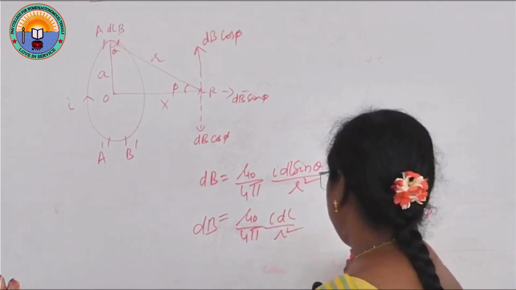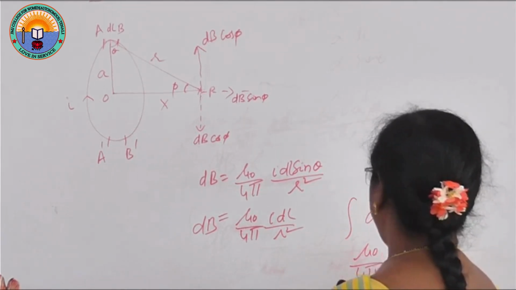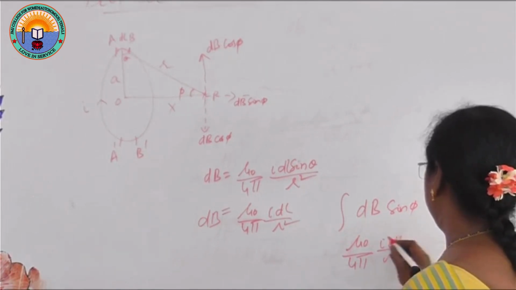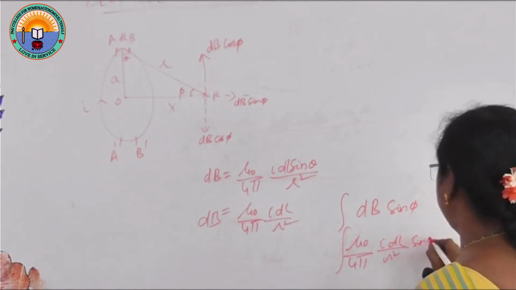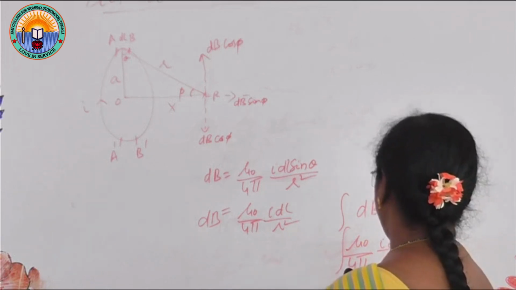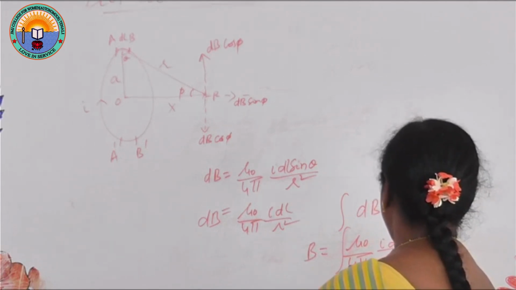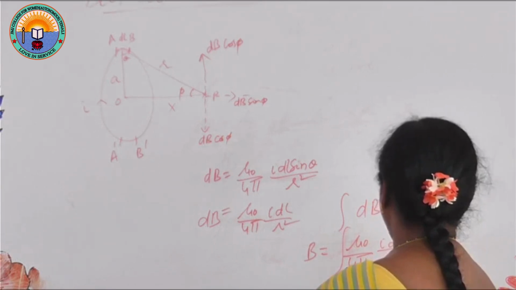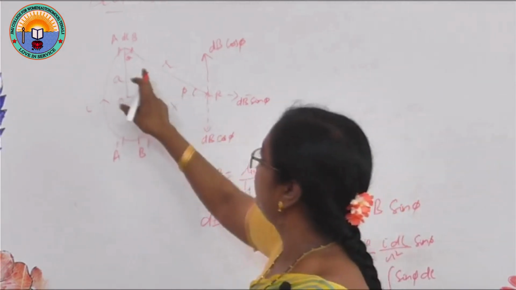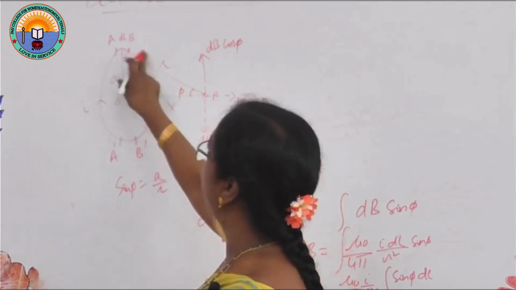So we have that value, B is equal to mu naught by 4 pi I by r square integral sin phi dl. These are all constants, we can take them out. From this triangle, sin phi is equal to a by r, opposite side by hypotenuse.